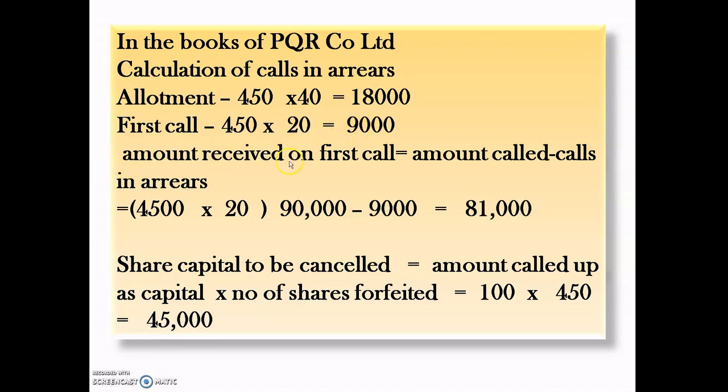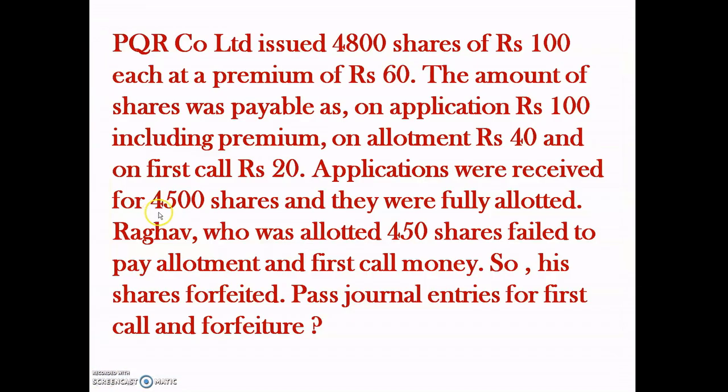Okay, the amount received on first call. So amount received on first call is equal to amount called minus calls in arrear. Here amount called on first call is based on 4500, the applications received. In my previous videos I have told you, when there is under subscription, at that time we have to take the number of shares applied, not the number of shares issued.